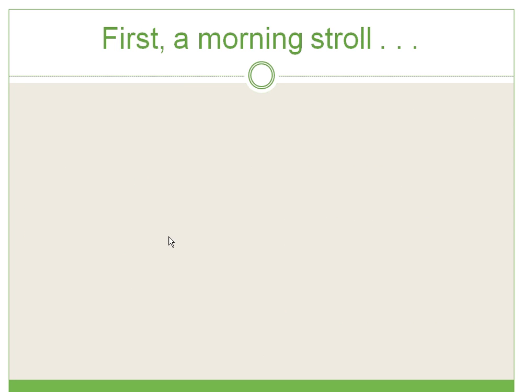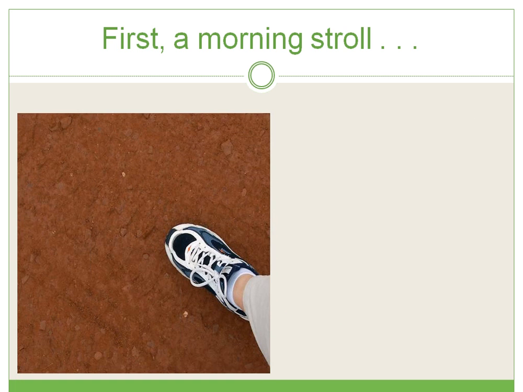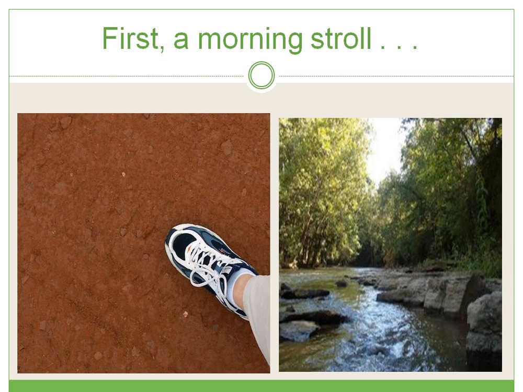But first, let's go for a little morning stroll. Imagine waking up in the morning, bright summer day. You decide to take a leisurely walk. Your walk takes you to a stream that flows through your neighborhood and eventually to a larger river where you and your neighbors get drinking water.